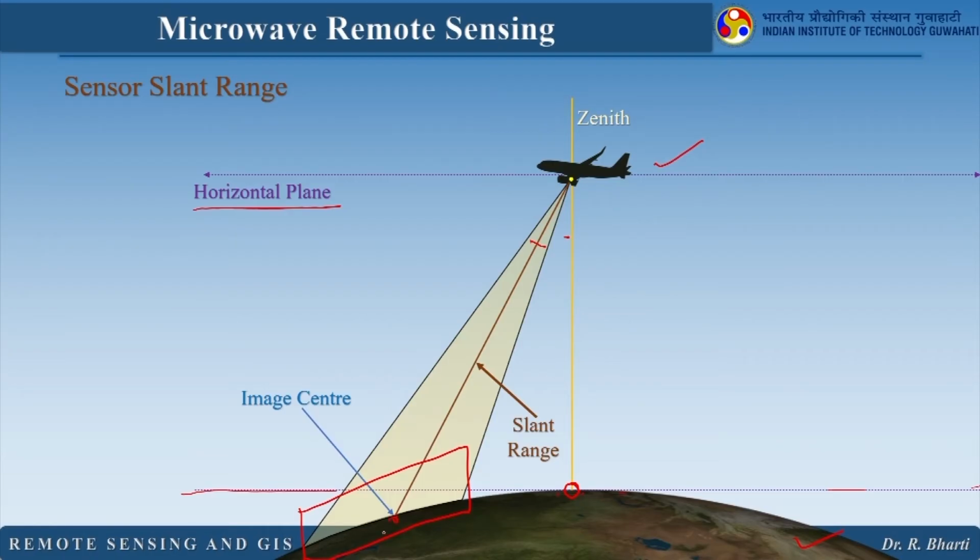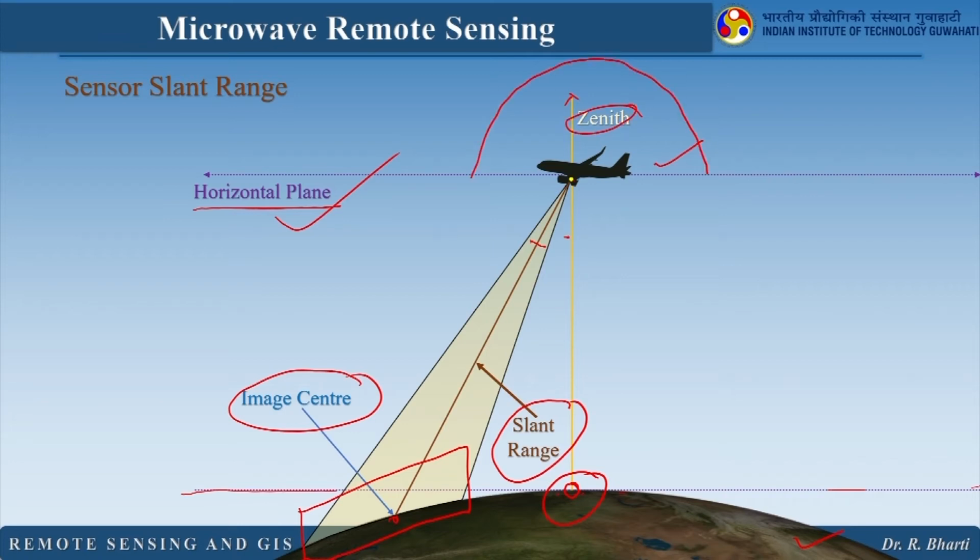The distance between this center of the image and the flight or the spaceborne sensor is referred to as slant range. And the image center you already know, this is your nadir, right. This is your horizontal plane and this is the direction of your zenith. So zenith will be like this, right.